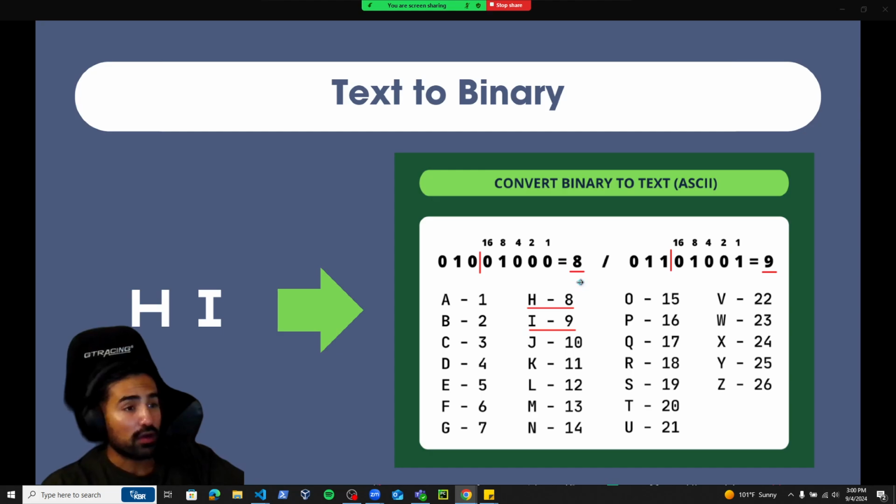If you're curious how that actually works, there is some math involved. Every digit here is actually a power of 2. This is like 2 to the power of 0, 2 to the power of 1, 2 to the power of 2. It gets a little complicated, but if you notice where the ones are, that tells you where to do your powers. Counting 0, 1, 2, 3, 2 to the power of 3 is 8.